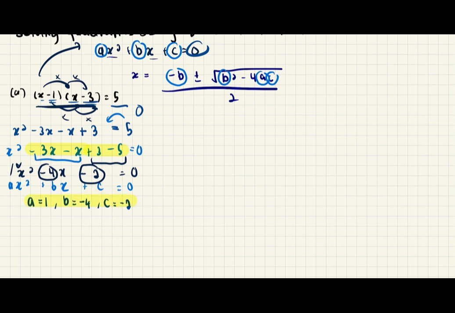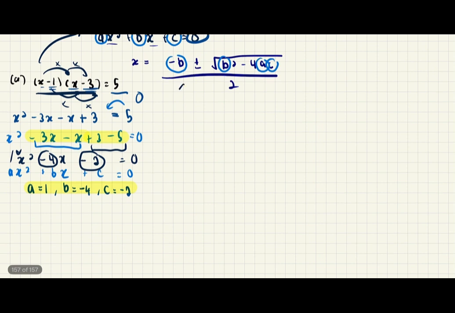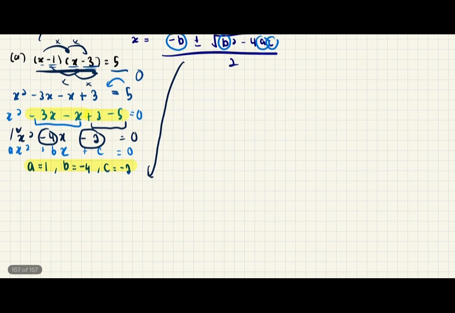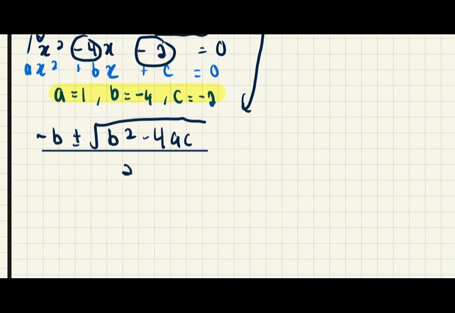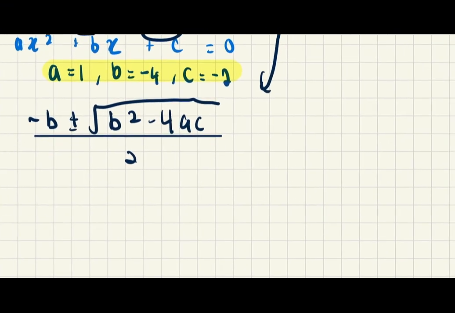So now we take this formula, we substitute negative b plus minus square root of b squared minus 4ac over 2. So now we can straight away calculate the value of x in 2 ways.